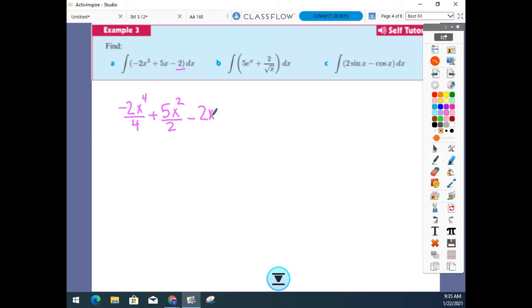Constants, but if you notice, the degree gets 1 higher for each piece, plus c. Now, the only one that needs to be simplified is this first one, which is really just 1/2 x to the 4th. And this is our final answer.